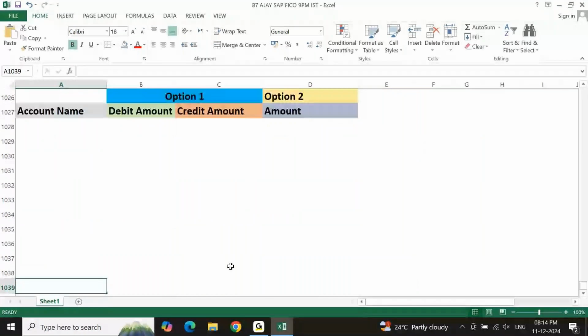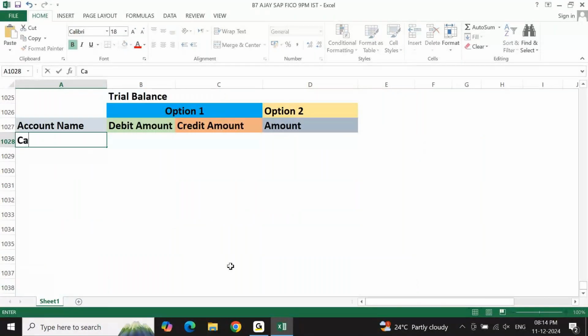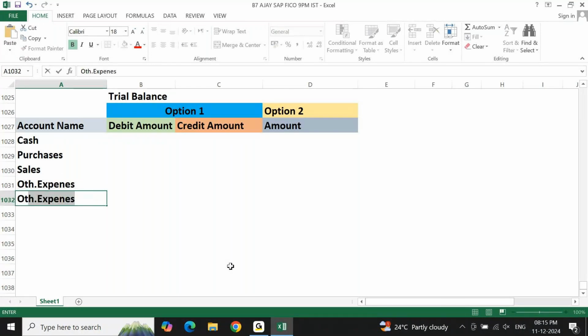First point, cash. I'm not writing any amount. Next one, purchases, sales, other expenses, and then other income.